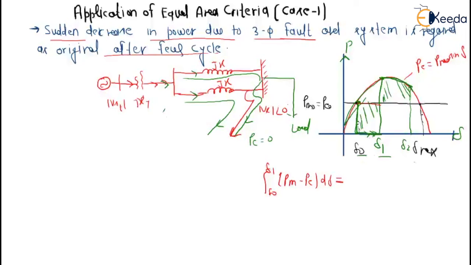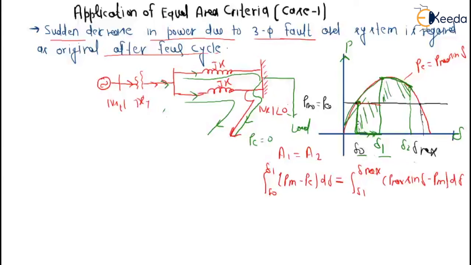A1 is equal to A2, we know that equal area criteria, and this del 1 to del max, we can write P max sine delta minus Pm d delta. Clearly we can see from here that this is how we can calculate this del 2 value.